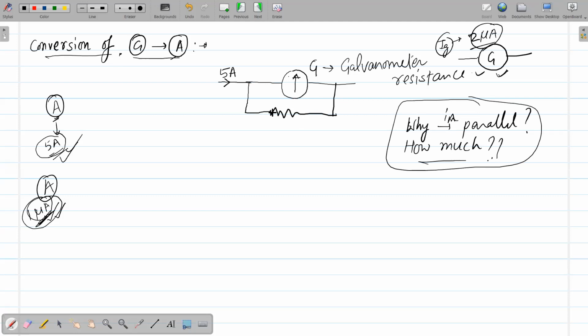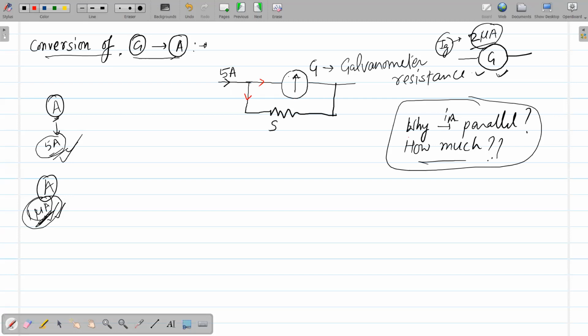Students, this is quite easy to understand that we actually do not want to pass the whole 5 ampere current through this galvanometer, because in that condition this galvanometer will not be working. So what should be done here? Let's connect one resistance in parallel with it, so that this current may be further divided, right?